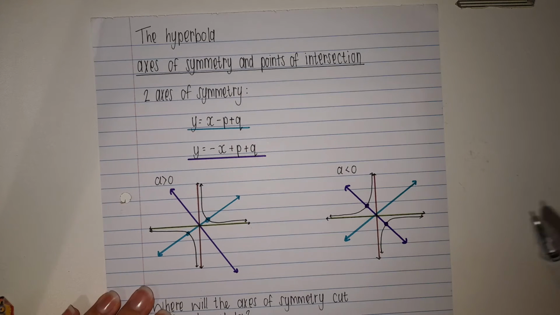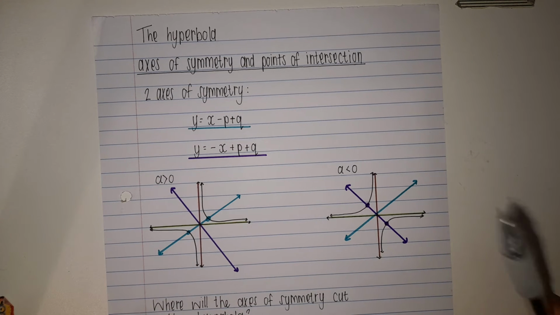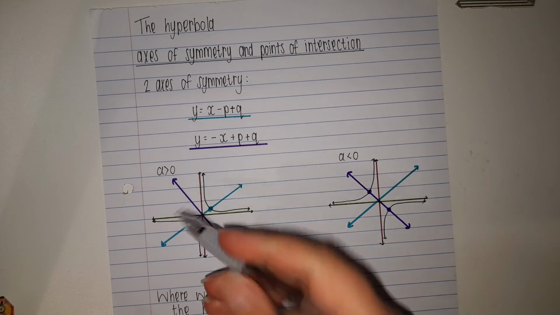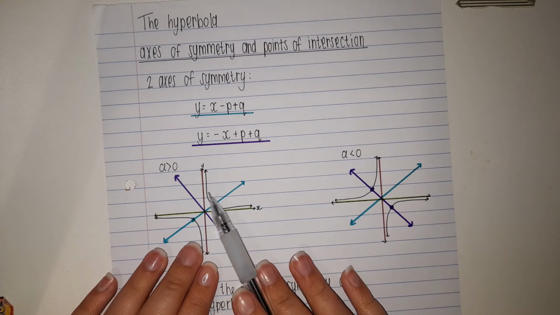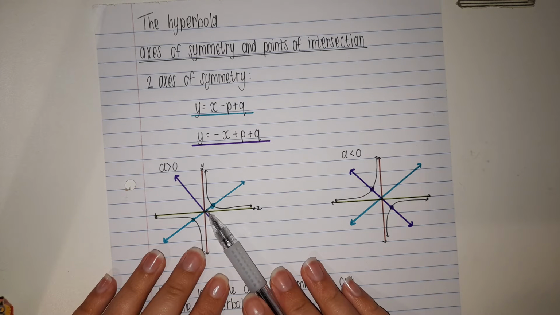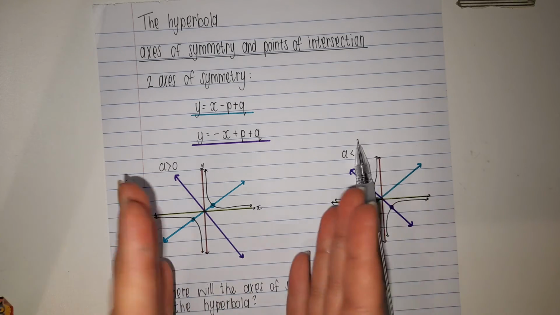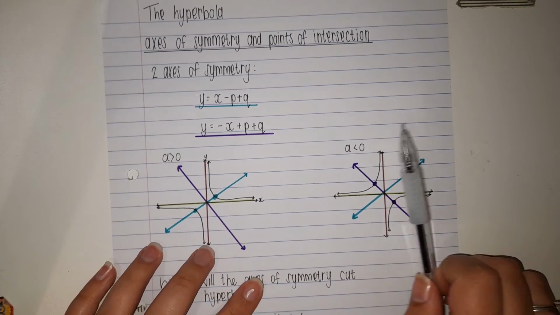Now the next important thing about this is my axis of symmetry and my point of intersection. Now the hyperbola has two axes of symmetry. So let's say this is my y-axis and this is my x-axis. Like with the parabola, we talked about the axis of symmetry: if I fold it in half, it would be symmetrical.